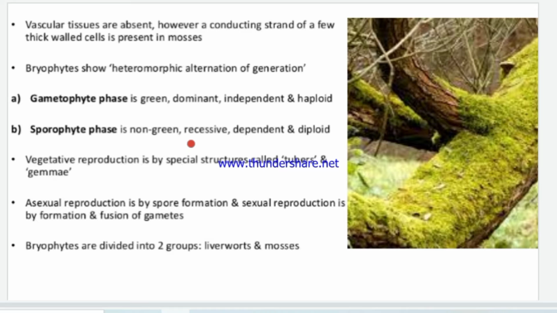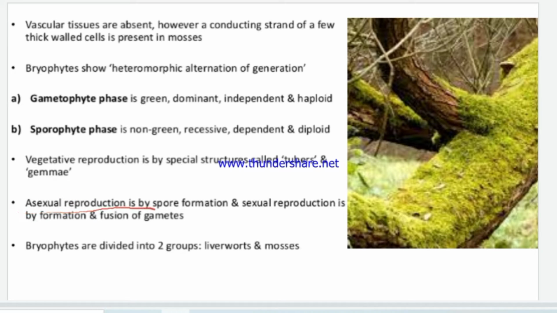They also reproduce by vegetative reproduction by a specialized structure called gemma. You must be knowing gemma are asexual cup-like structures which can reproduce when they are detached from the plant body.